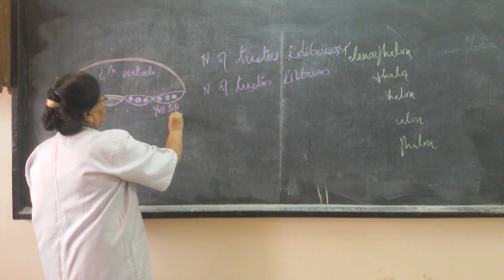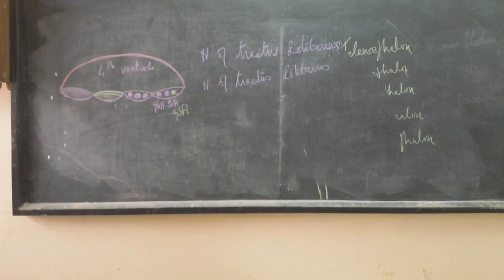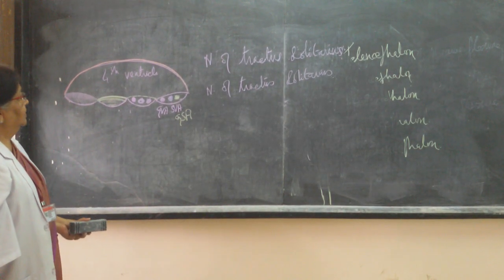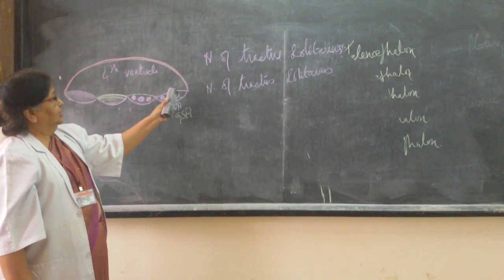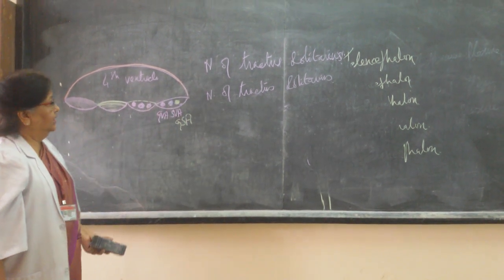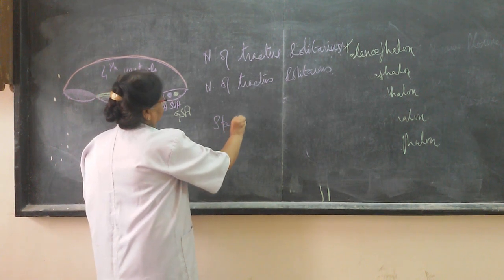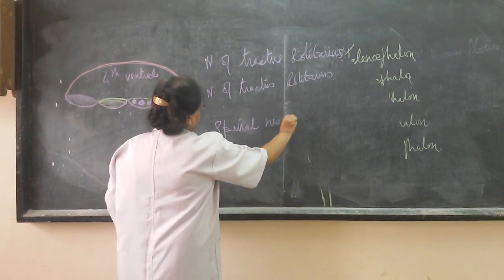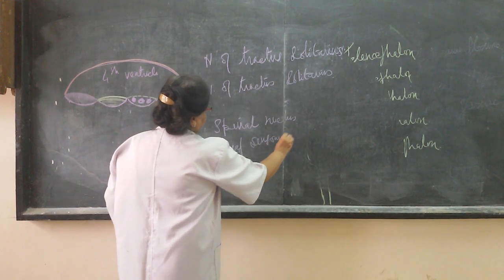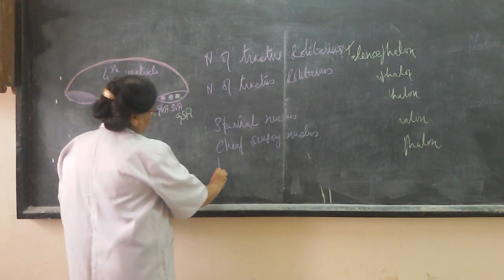This component is general sensation coming from the skin, and the nuclei related to it are the spinal nucleus, chief sensory nucleus, and mesencephalic nucleus.